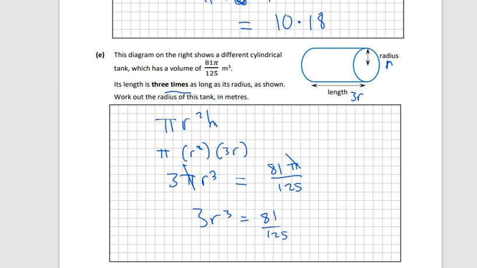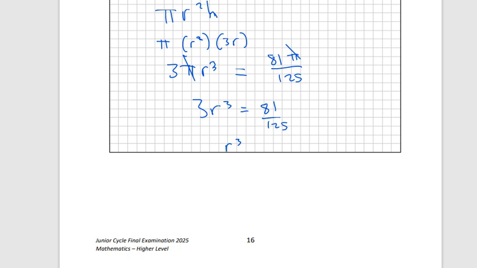If I divide by 3, it will give me r cubed is equal to 27 over 125. And then we'll have to do the cube root on the calculator. 27 over 125, that would be 3 over 5.